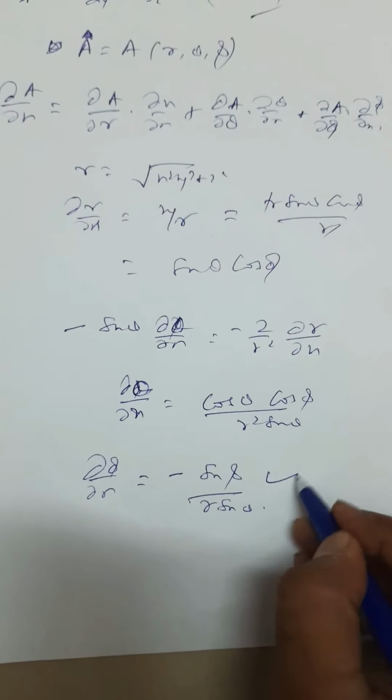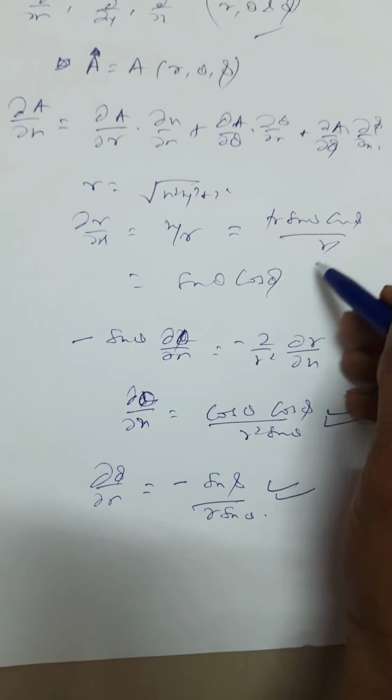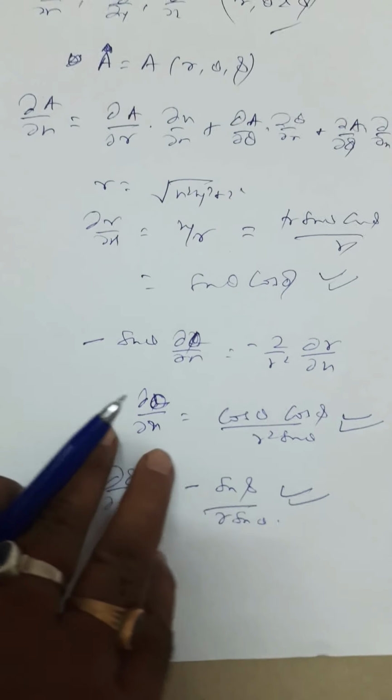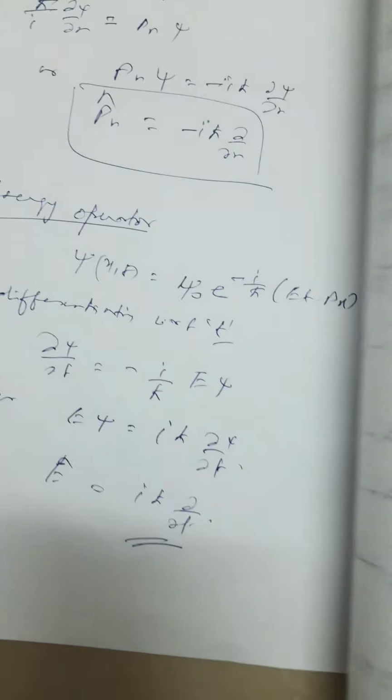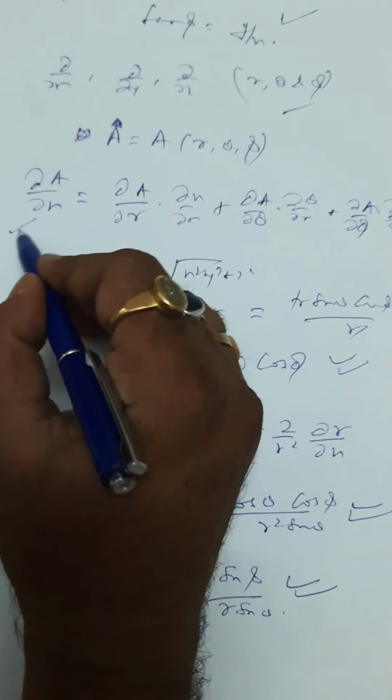So we'll get del phi by del x, del theta by del x, and del r by del x. We'll substitute these three values in the chain relation which we have assumed over here.